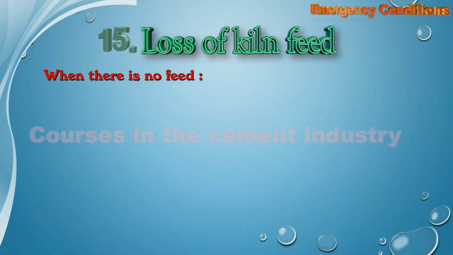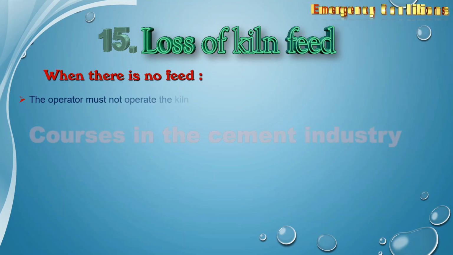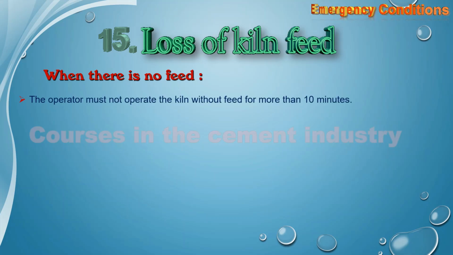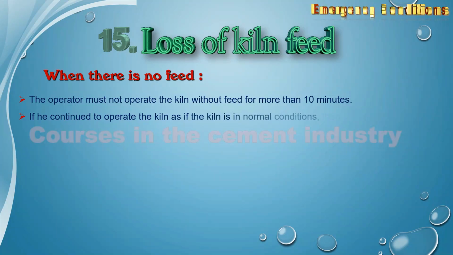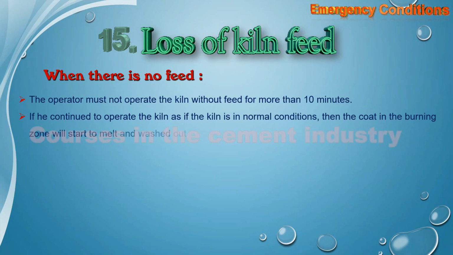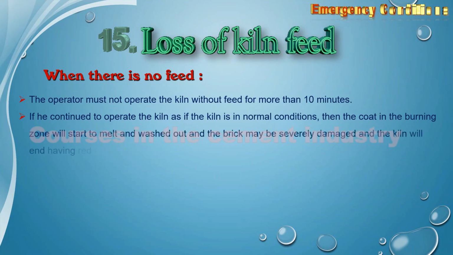When there is no feed: 1. The operator must not operate the kiln without feed for more than 10 minutes. 2. If he continues to operate the kiln as if it is in normal conditions, then the coating in the burning zone will start to melt and be washed out, and the bricks may be severely damaged, and the kiln will end up having a red spot. 3.